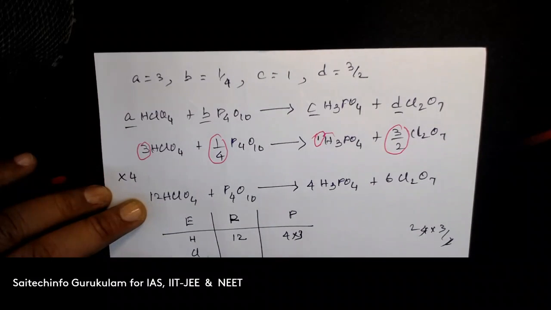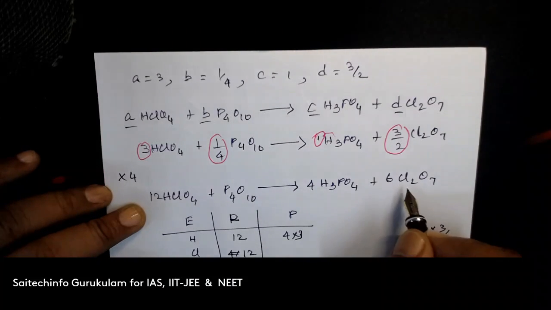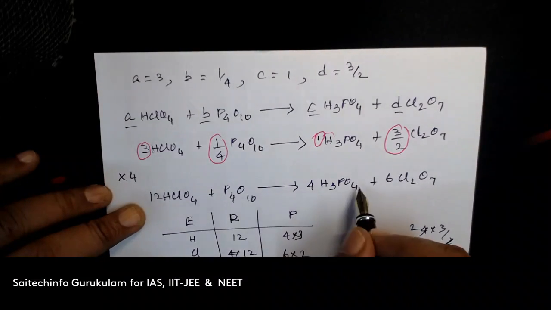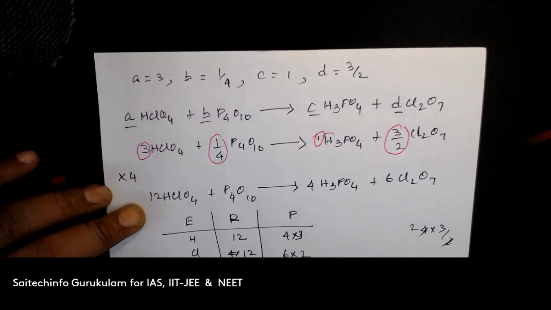Chlorine: 12 on the left, and 6 into 2, that is 12, on the right. Phosphorus: 4 and 4.